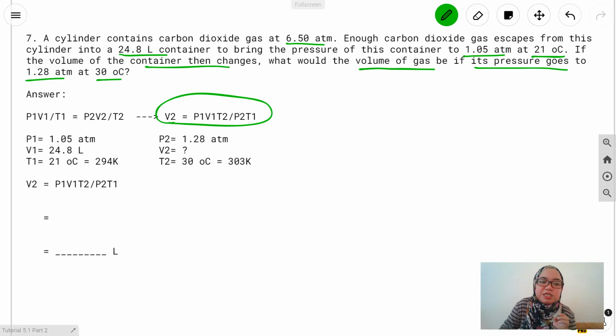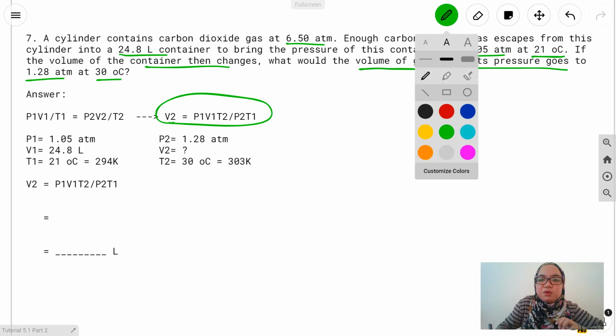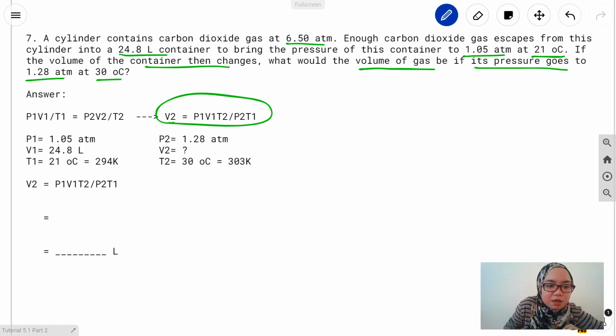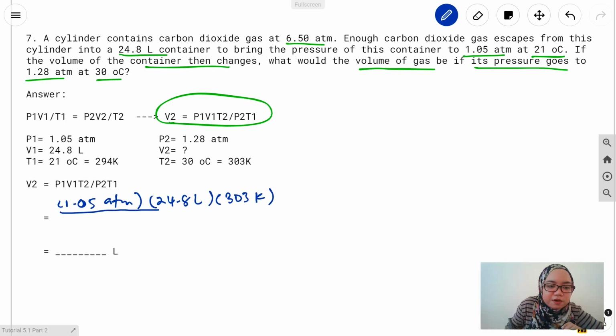So we substitute all the information into the formula: P1 is 1.05 atm times V1 24.8 liter times T2 303 Kelvin over P2 1.28 atm and T1 294 Kelvin.